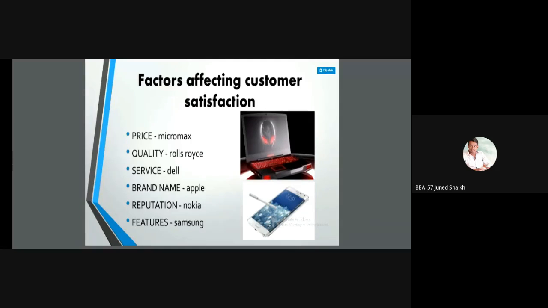Okay, for example Micromax, I think before 10 years or 5 years.